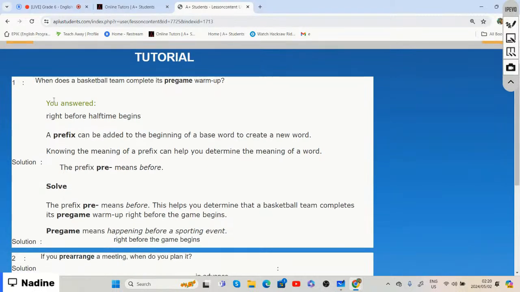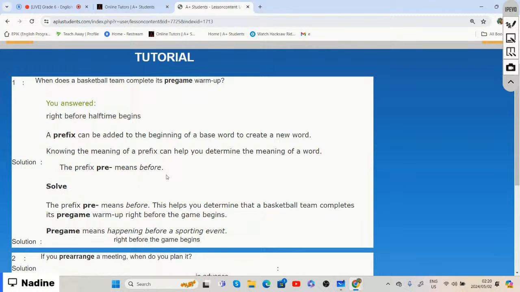Now, when does a basketball team complete its pre-game warm-up? Remember we said pre means before.